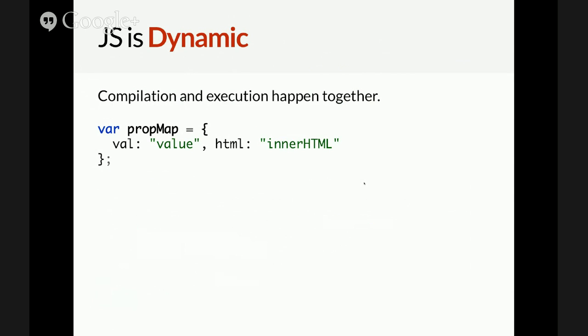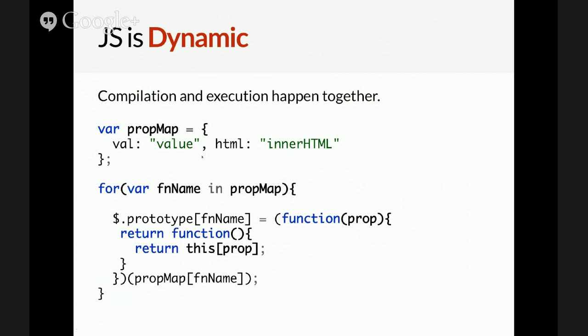This kind of code happens all the time in libraries like jQuery and CanJS, where you want to make something in as few lines as possible. So you'll loop through some kind of object and then create a bunch of functions based upon that object.